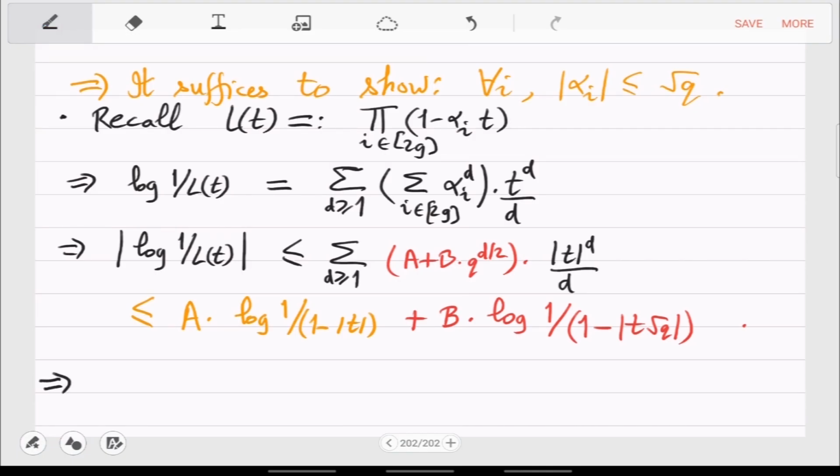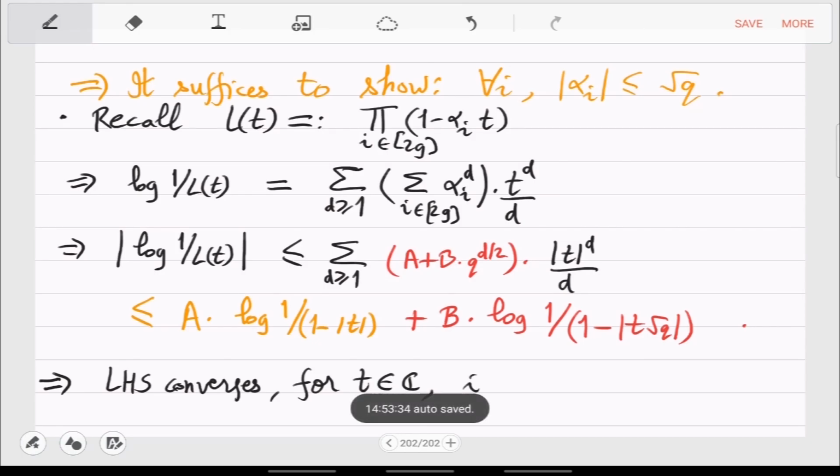Which means that the RHS converges for any complex t if the norm of t is less than square root q raised to minus half.